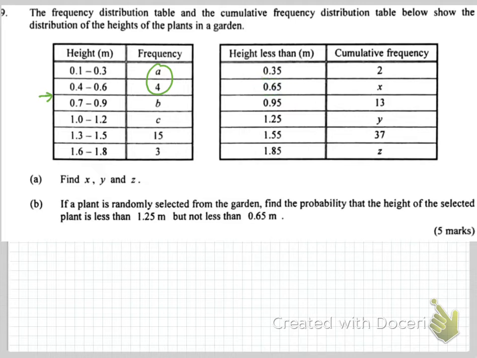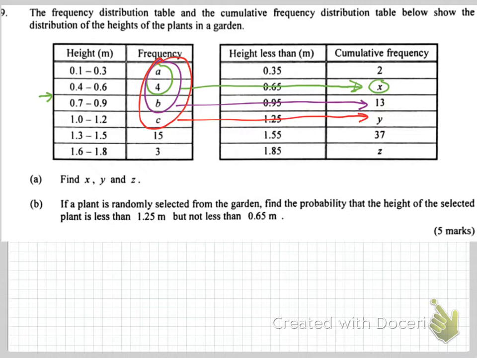So the cumulative frequency works like this. These two numbers add up to x. By a similar token, these three numbers add up to 13. These four numbers add up to y, and so on. This is how the cumulative frequency table works. These 5 numbers add up to 37.